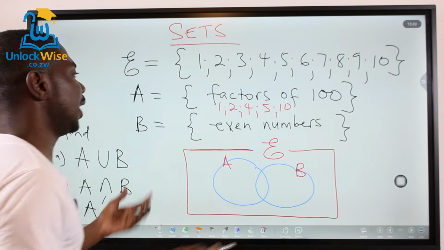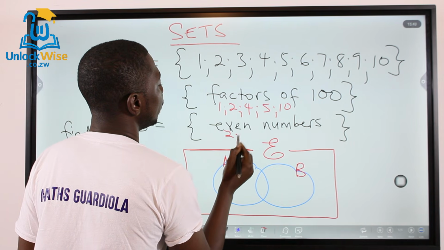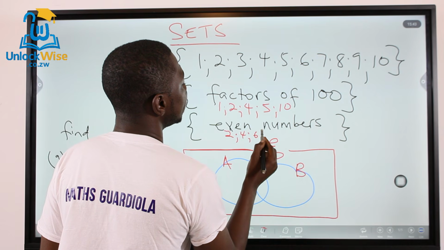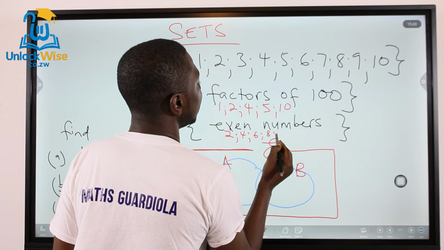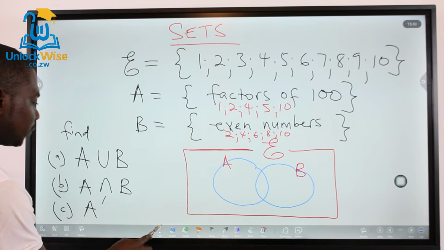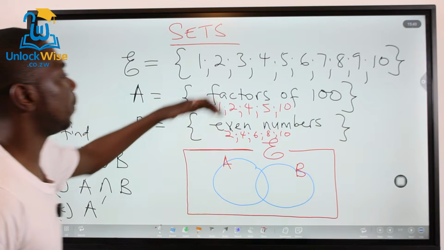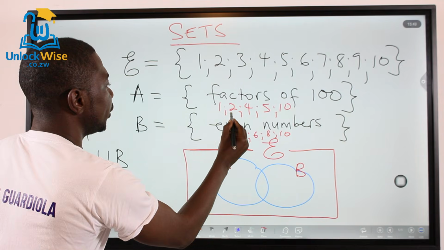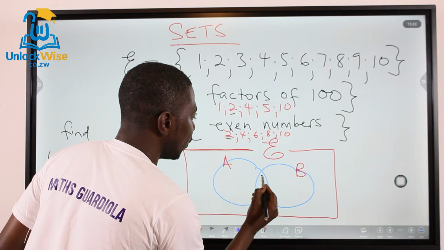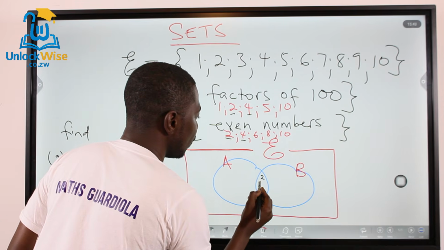Then we have even numbers. Even numbers are numbers like 2, 4, 6, 8, and 10. Okay, so we want numbers which are appearing here and here. We have 2 in here and 2 in here, so we will write our 2. We have 4 here and 4 here, we will write our 4.